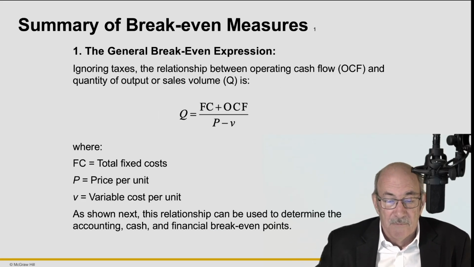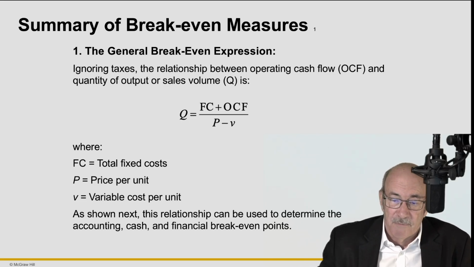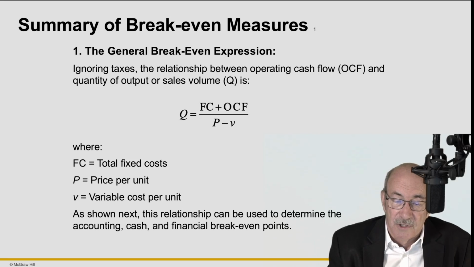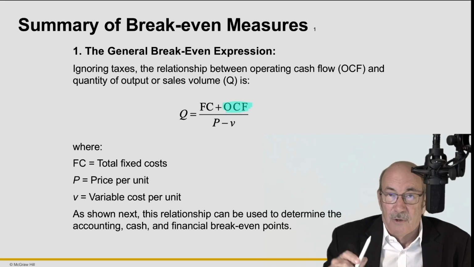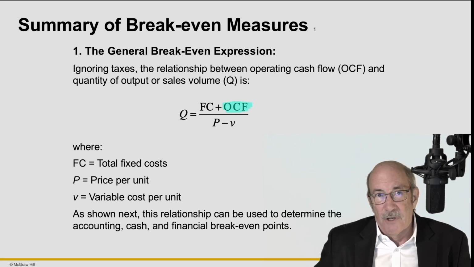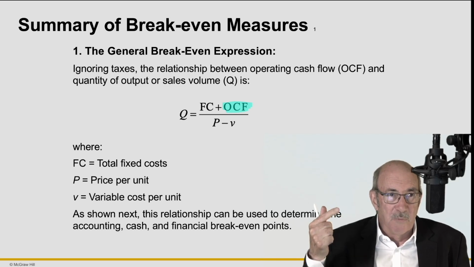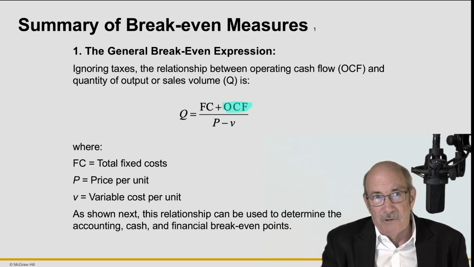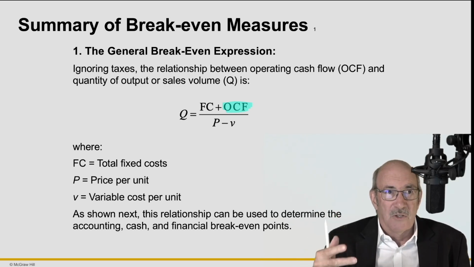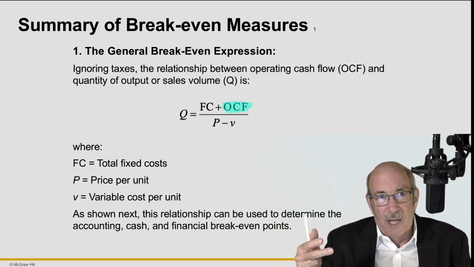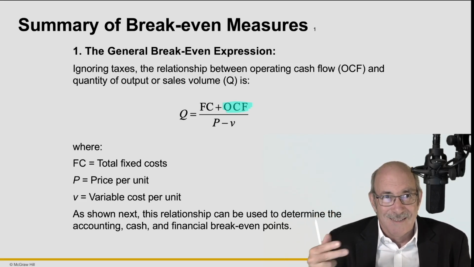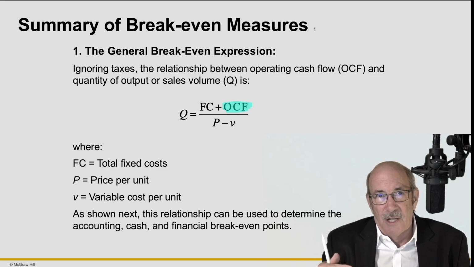All right. This is just a summary of these break-even measures. And again, notice this numerator in particular. We can look at that operating cash flow. We can set it to 0, which will give us a cash flow break-even. We can set it to the depreciation, which will give us an accounting break-even. Or we can set it to the operating cash flow that will generate exactly $3.5 million in present value over the next 5 years.